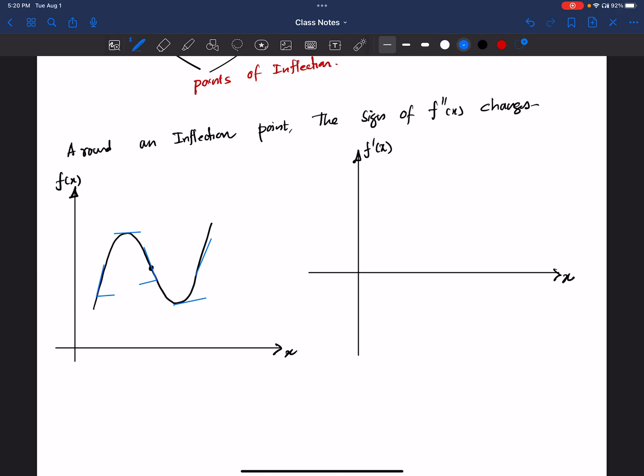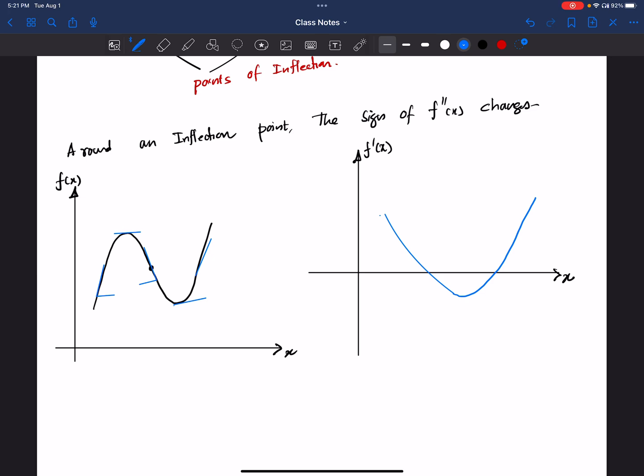We can see that f prime of x starts positive, becomes 0, then goes negative, then gradually reduces in magnitude and becomes 0 again and becomes positive.